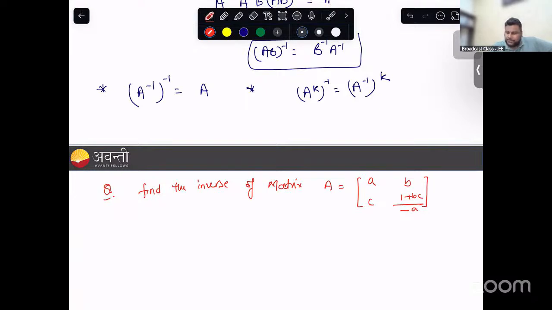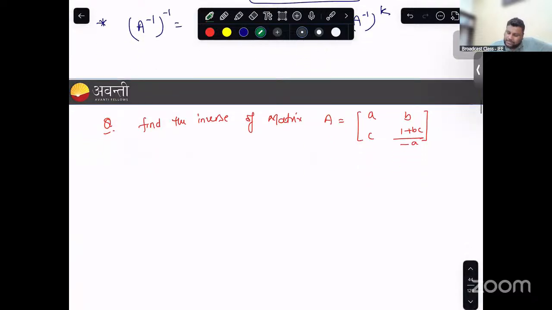Yes, quickly. What is the value of determinant of A? A times 1 plus BC upon A, minus BC.